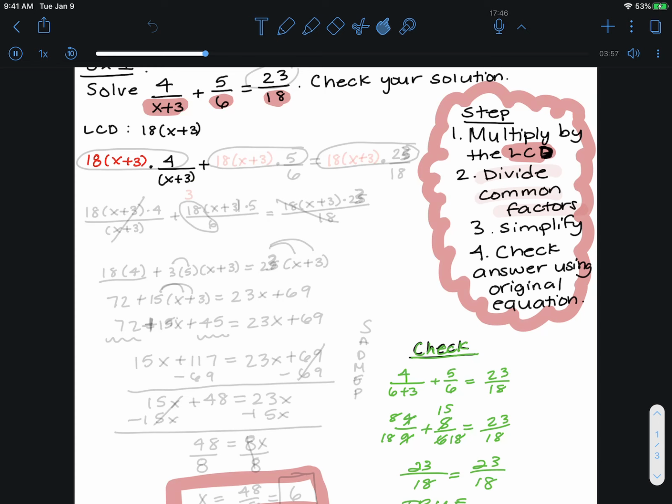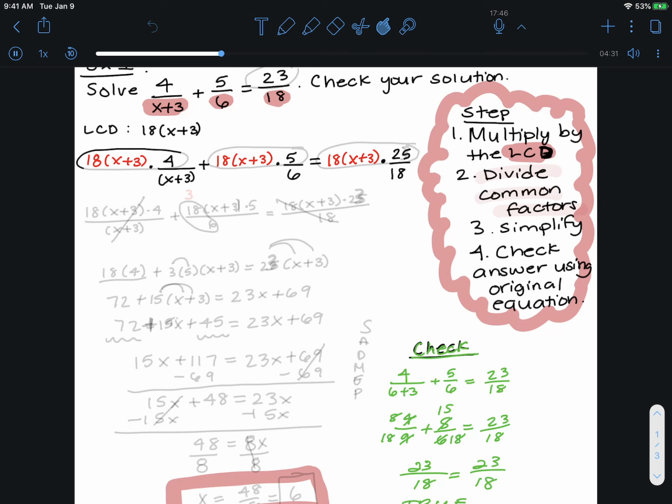Then I add, and once again it has to get multiplied by 18 times x plus 3, and that gets multiplied by 5 over 6, which is then going to equal, once again, 18 times x plus 3 multiplied by 23 over 18.